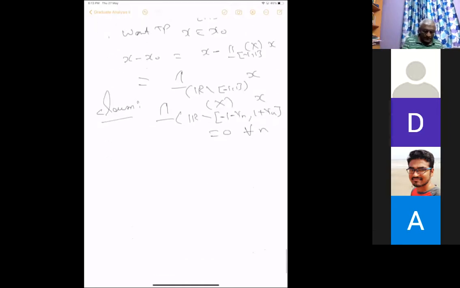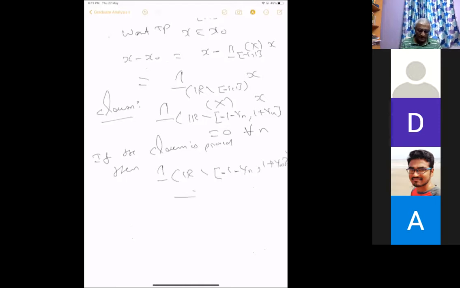If the claim is true, then we know that this set goes to the interval -1, 1. This set converges in L infinity, almost everywhere, to this indicator of R minus -1, 1, as functions.